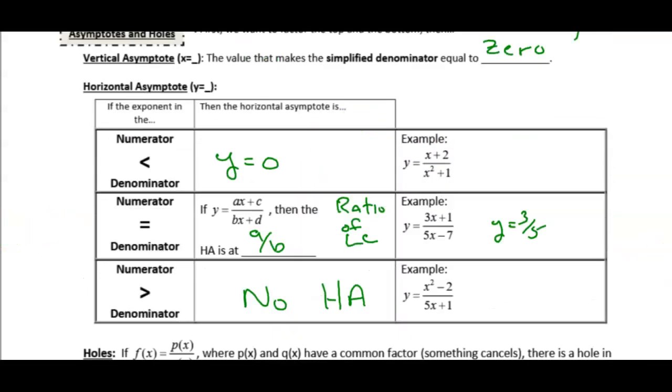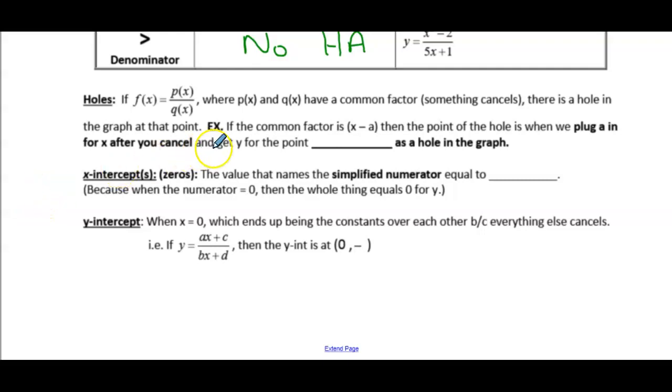Moving down the page, we need to talk about what holes are. That's where something cancels out. A common factor that cancels out will make a hole. After you find the x value of that hole, for example, you factored out x minus a, then you plug in the value after canceling out and get your y value for that.